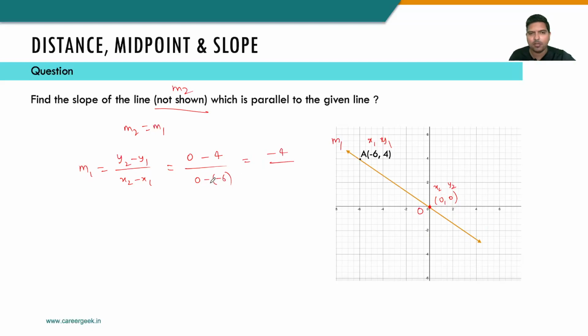That gives -4 upon 6, which cancels in the 2 table. So m2 is equal to -2/3. You can see this is a descending line, so the slope has to be negative. Just by looking, you know that the slope has to be negative.